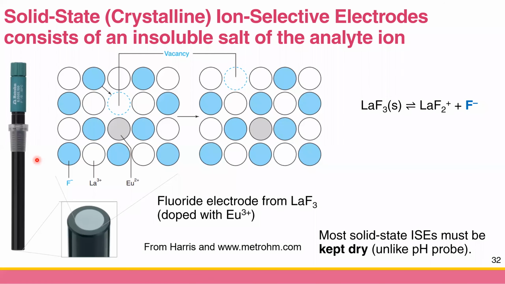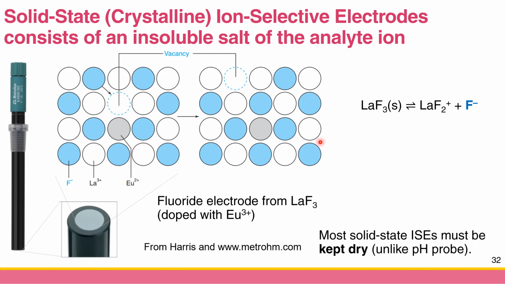This is similar to last time when we talked about the glass membrane electrode. We have the internal solution with one pH and your test solution with another pH, and you generate the membrane potential. Same thing here, except that this fluoride electrode is made from a crystalline ionic compound.